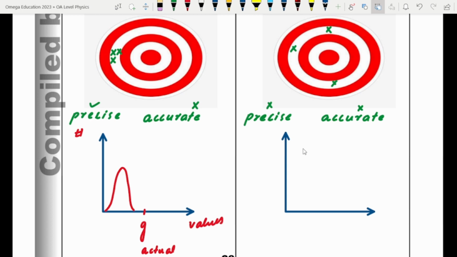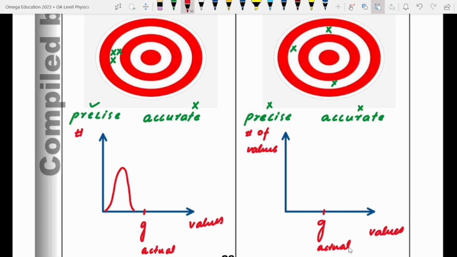In the last case, you have something that is not precise, that is not accurate. So values here, number of values here. Alright, the same stuff. And here you have the actual value of g. If it is not precise, means the graph would not be a narrow one. The spread of the graph would be increased.